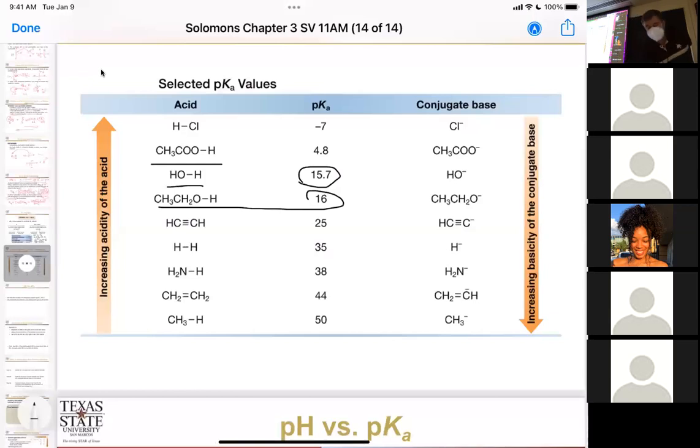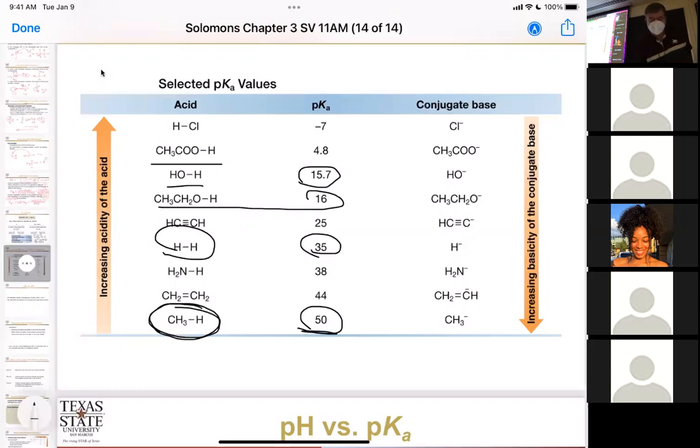When we get to hydrogen, that has a pKa of 35. And the hydrogen-carbon bond on an sp3 hybridized carbon, you're like, hey, that's not acidic at all. It's not a polar bond. Well, it's very, very weakly acidic because it has a pKa of 50. But if you have something strong enough, it can pull that hydrogen off. This is a very weak acid, but if you have something that can pull that off, it will.